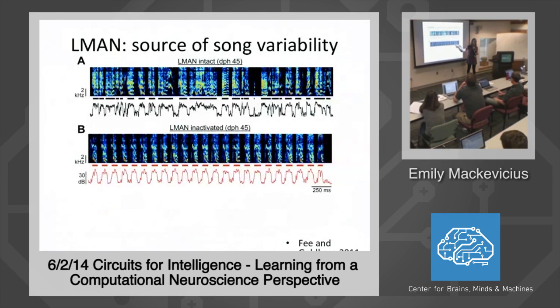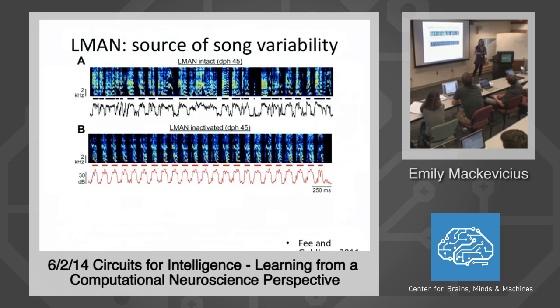All right, so we've covered the descending motor pathway, including HVC. There's another pathway, the anterior forebrain pathway, which involves area X, which I talked about, and also a region, LMAN. LMAN is thought to add variability to the song, add little explorations on top of the stereotyped song from HVC.